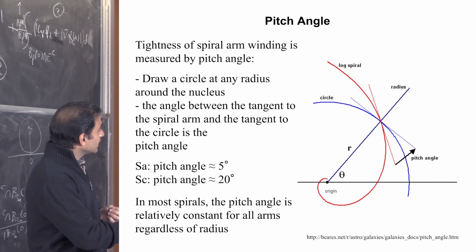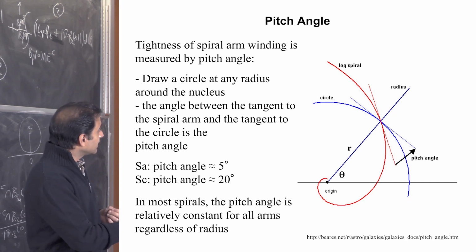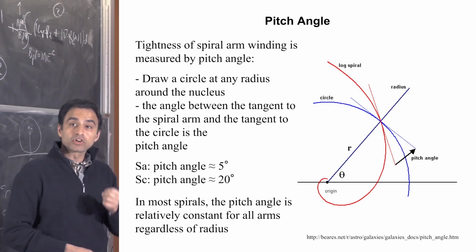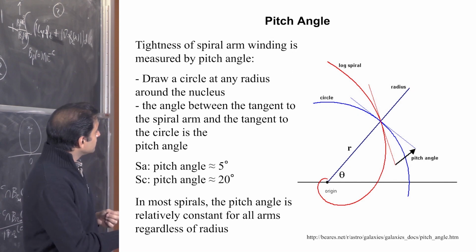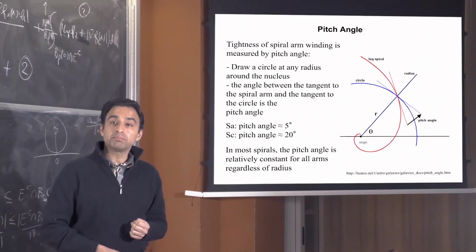At the point of intersection between this line and the spiral arm, they draw a circle of radius r. At this point of intersection, they then draw two tangents: the tangent to the circle, this thin blue line, and the tangent to the spiral arm, this thin red line. The angle in between these two tangents is called the pitch angle.